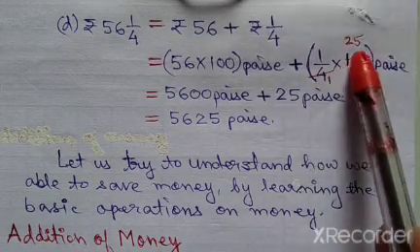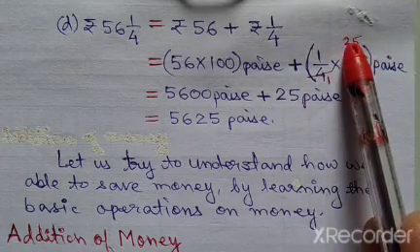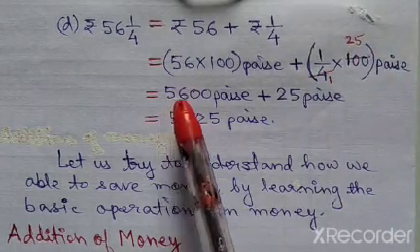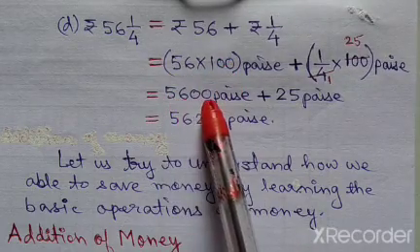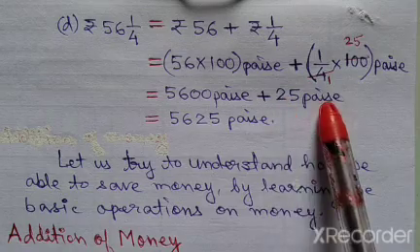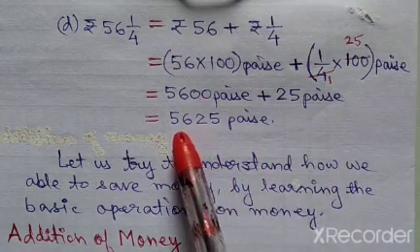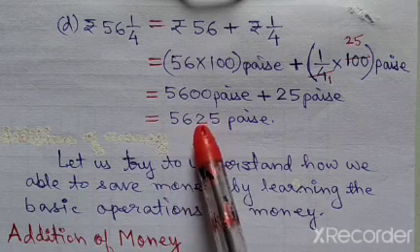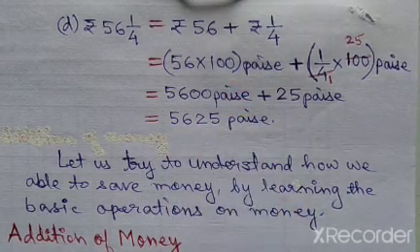After cancellation you will get 25: 4 ones are 4, and 4 25s are 100. So what do we get? 56 times 100 paise. Now multiply this, 56 into 100, that is equal to 5600 paise, plus here it will be 25 paise, and add both, and you will get the final answer, that is 5625 paise. Look children, this question is a little bit tricky.